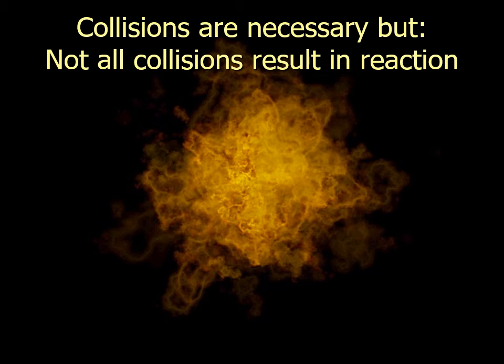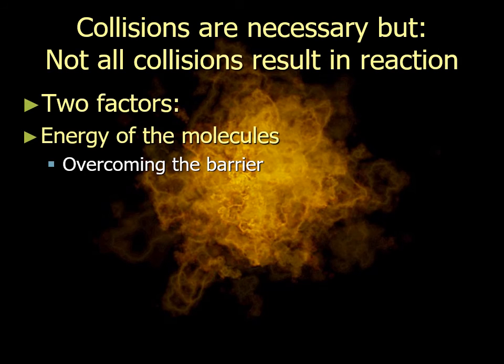So as I said, lots of collisions happening, but a great majority of them, in most cases, result in no actual products. So why is that? There are two factors. So one, the energy of the molecules. They've got to have sufficient energy to overcome the barrier. If they don't, they won't.